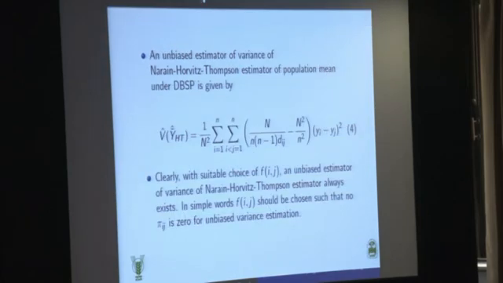Now, an unbiased variance estimator, which was not possible for the BSA plans, is given under this plan. This is the expression for the variance estimator of the Hurwitz-Thompson estimator under the DBSP plans. Clearly, with suitable choices of the distance function F_ij, an unbiased estimator will always exist. You simply have to select the distance function such that the pi_ij's do not become 0. Okay, this is the estimation procedure.